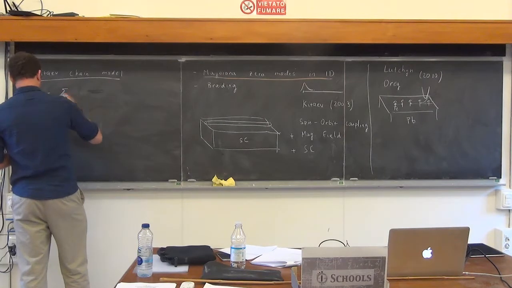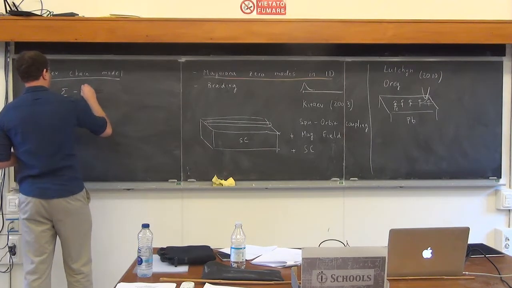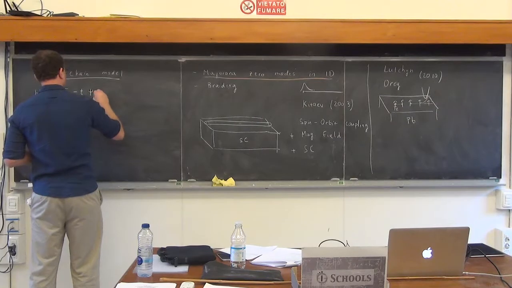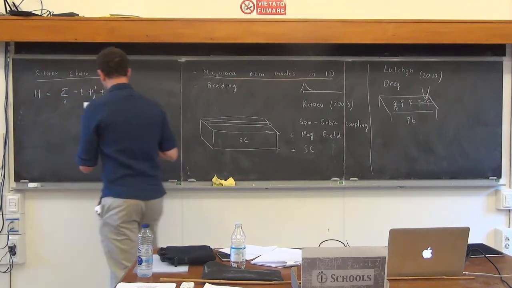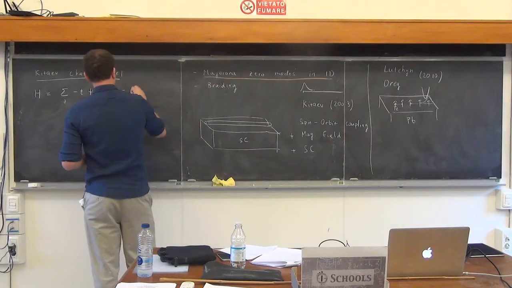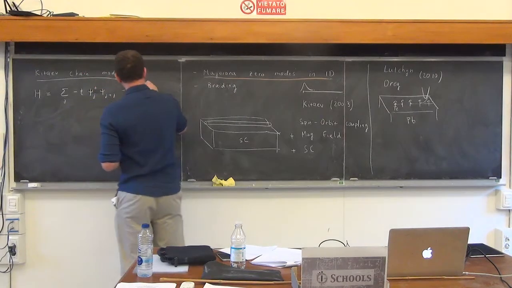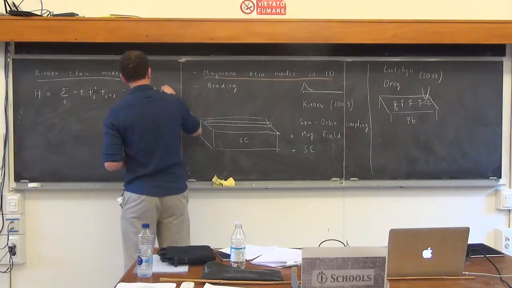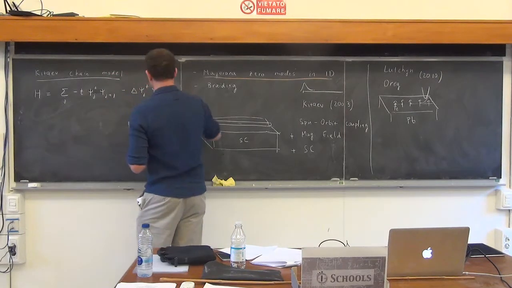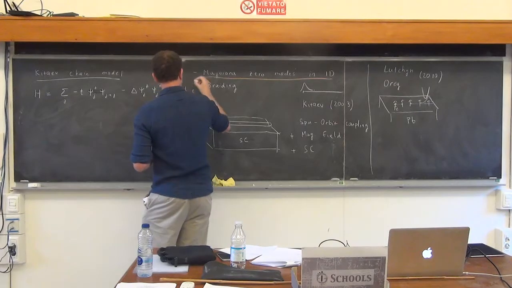There's a sum over j. There are electrons hopping on the lattice, psi_j dagger psi_{j+1}. This is nearest neighbor hopping. There's also a nearest neighbor pairing term, psi_j psi_{j+1}, plus Hermitian conjugate.